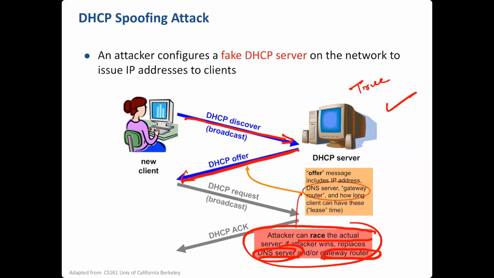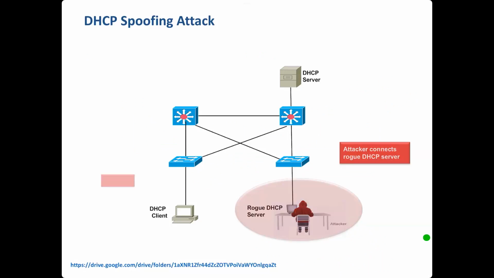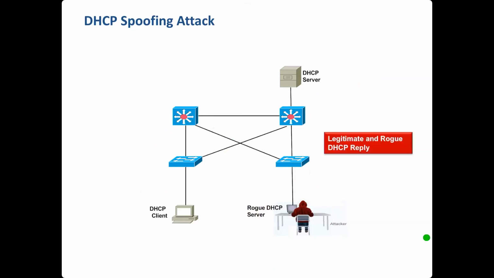So the attacker connects to the DHCP server. This is the attacker. The client requests DHCP parameters by sending a DHCP discovery message. This message goes everywhere. The DHCP server receives it, and this rogue element, or criminal, receives it too, right? Then the DHCP server responds, and the rogue DHCP server also responds, and both reach the DHCP client.